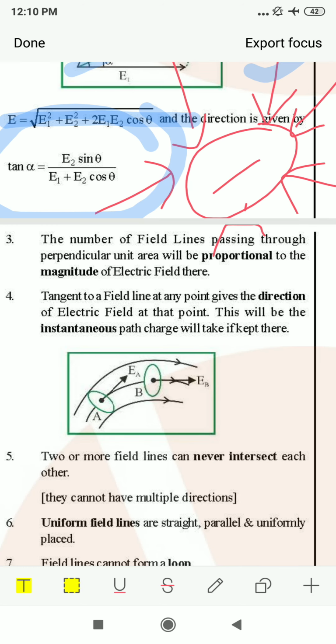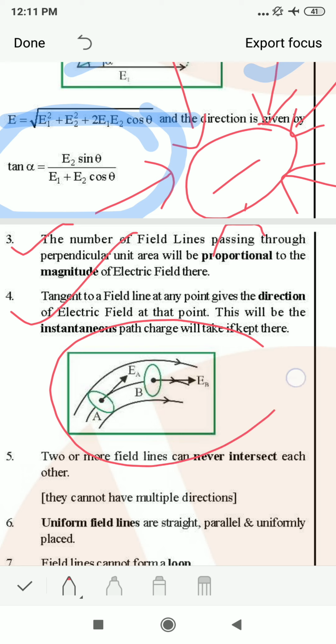Means how much electric field is there, the number of field lines passing through the perpendicular area will be proportional. The next one is the tangent of a field line at any point gives the direction of the electric field at that point. This already you know. If we want to find out the direction of the electric field at any point, we can take the tangent at that point. Diagram is also given.